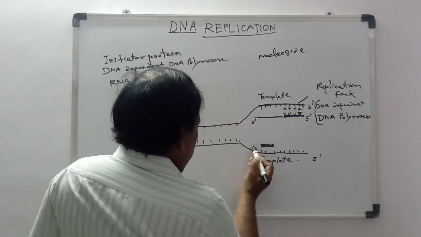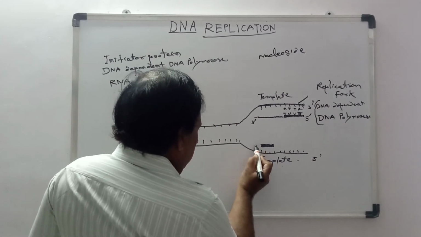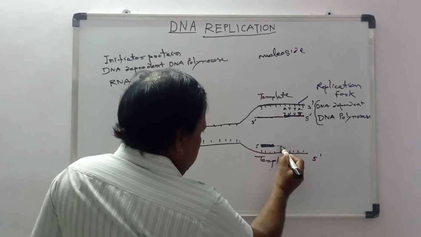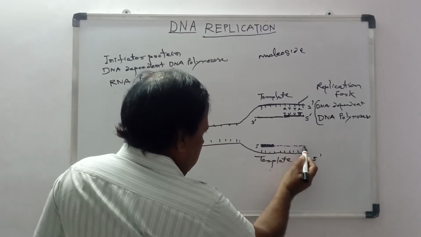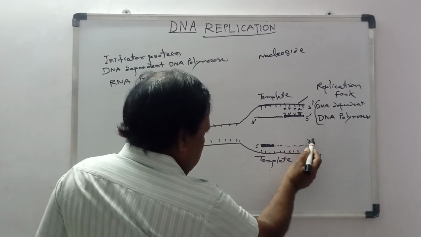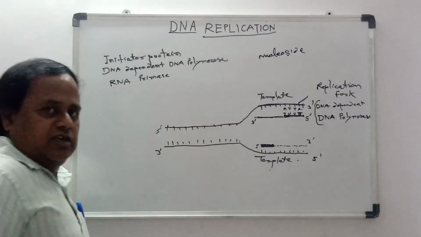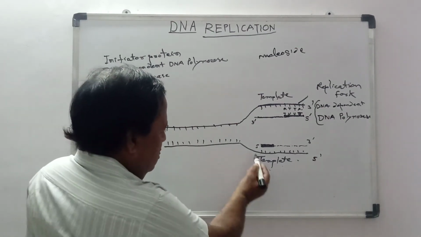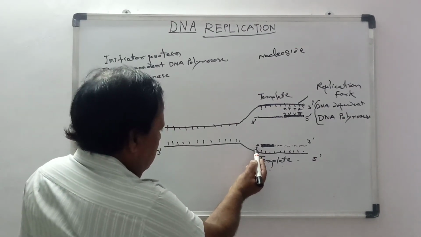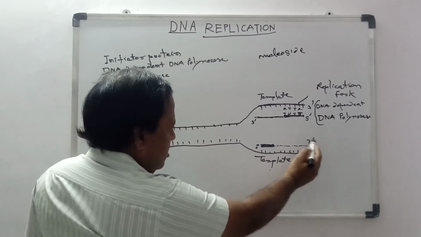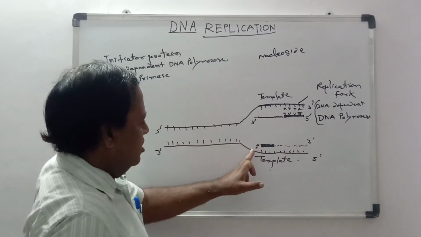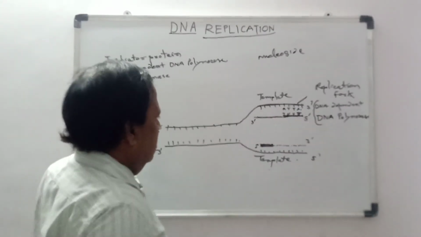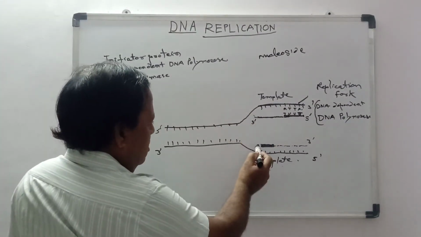Now this will be the 5' end and the nucleotides will be attached here, and this will be 3' end. Understand? The polymerization reaction will take place from 5' end to 3' end. Again now this process is complete.